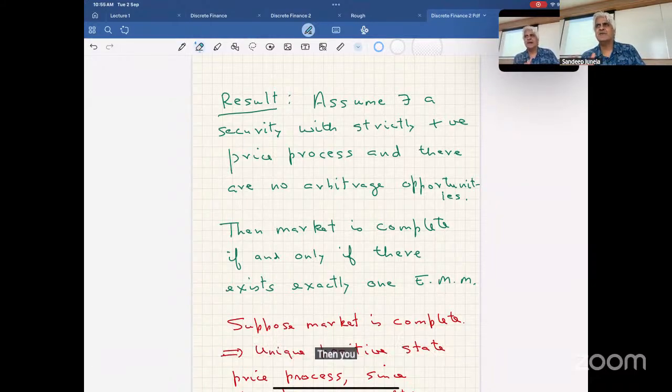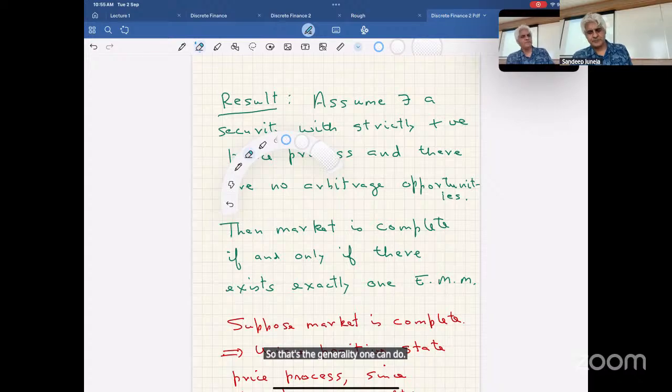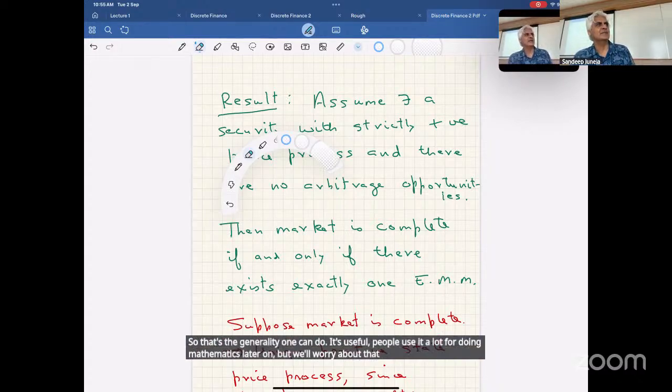Then you can divide by that rather than dividing by 1 plus r and come up with a different change of measure under which martingales remain. Well, r is deterministic; you can keep it random also. So that's a generality one can do. People use it a lot for doing mathematics later on, but we'll worry about that at the right time if we need to.